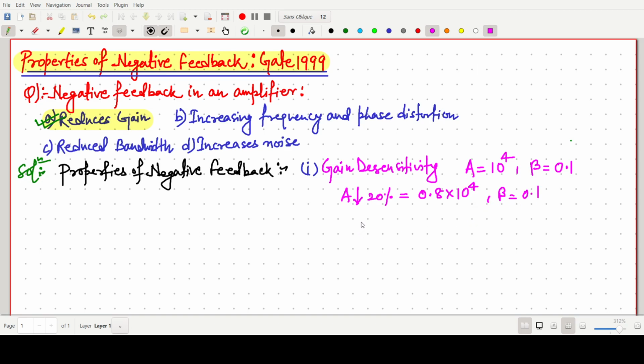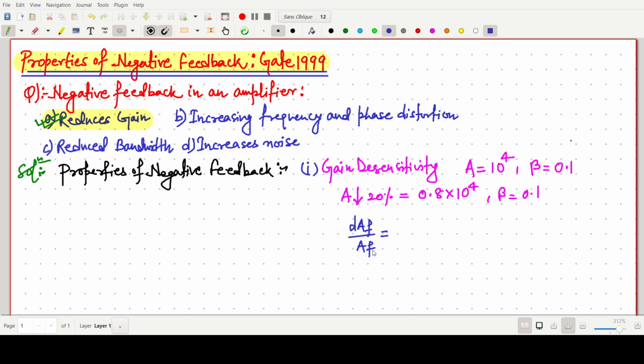So if we have to find the percentage change in the overall gain, it is denoted by the formula dAf by Af. For more detail, you can also go through my video; I will put the video on gain desensitivity in the description link.